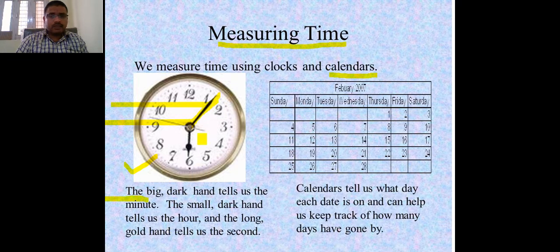This is the hour hand. And the long gold hand tells us the second. This one is the long gold hand, this thin needle-like one is called the second hand.